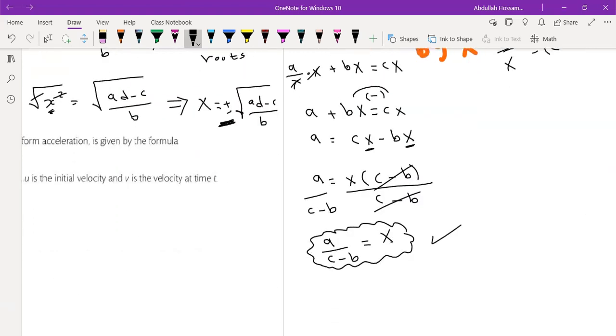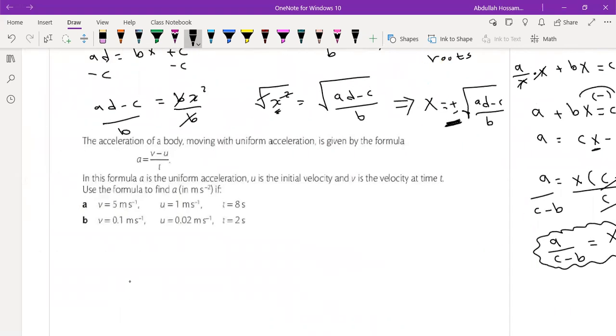Guys, now I give you like 2 minutes. Okay, try to do this example, please. This one. You can use the calculator for A and B. Just give me the answer in the chat.